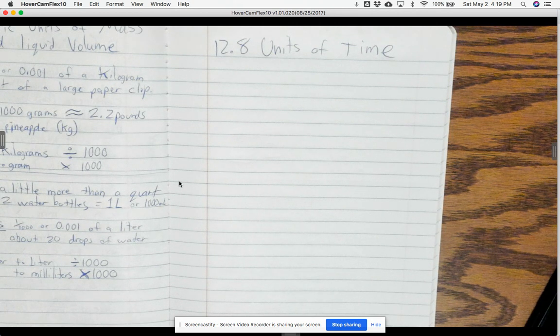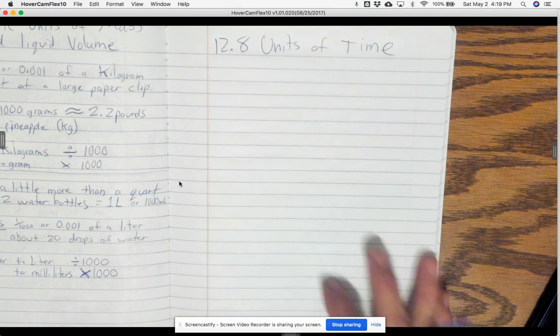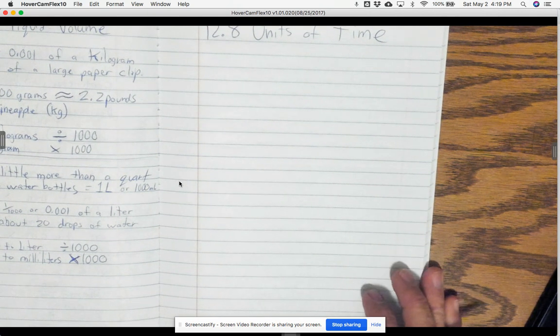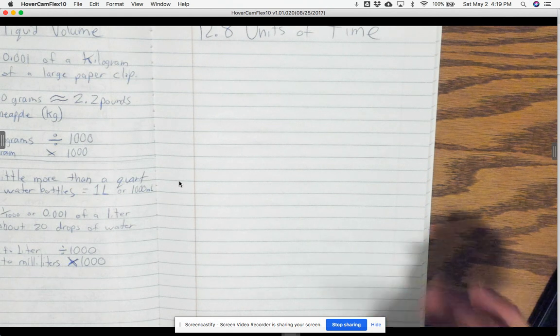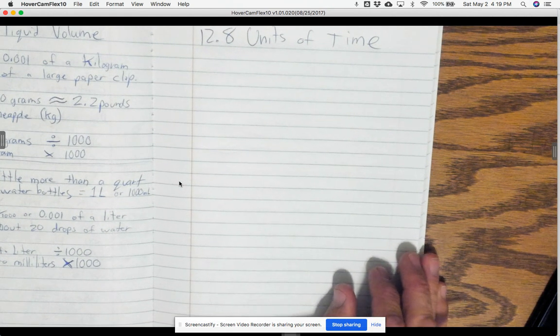So, of course, I'm going to start off by writing down the most important things from this lesson so we can have something to look back at to help us when we get stuck with something. So we're going to start simply just by writing down the units of time.